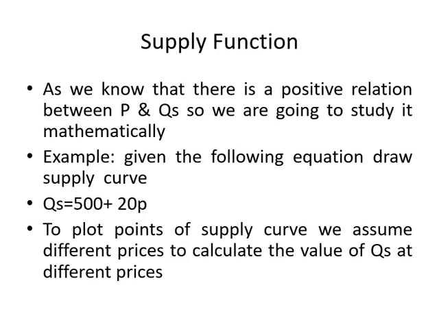Let's move to supply function. Supply, we know this is the perspective of the firm. The firm would be encouraged to produce by increasing prices. As we know that there is a positive relation between price and QS, quantity supplied. We are going to apply supply curve. This is a numerical example.